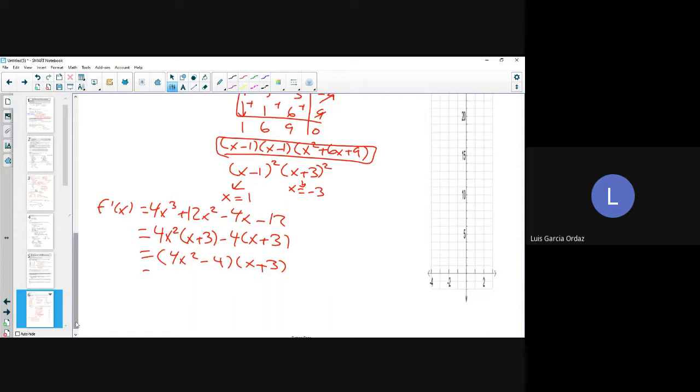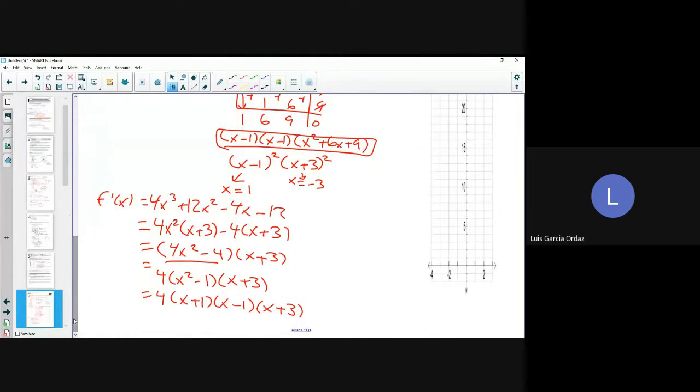My apologies, I can factor out a 4. So I get 4 bracket x squared minus 1 times x plus 3, and then I have the difference of squares, so I get x plus 1, x minus 1, x plus 3.